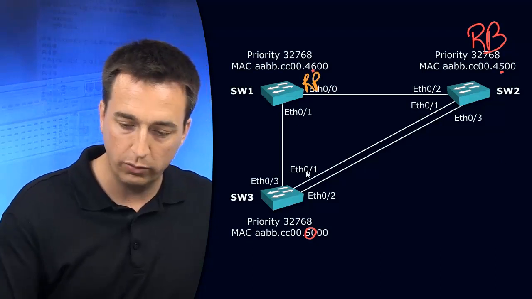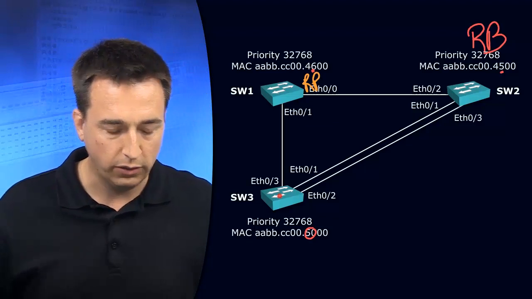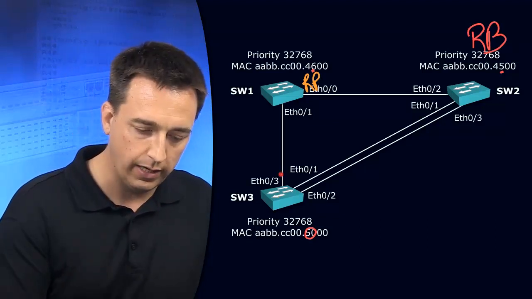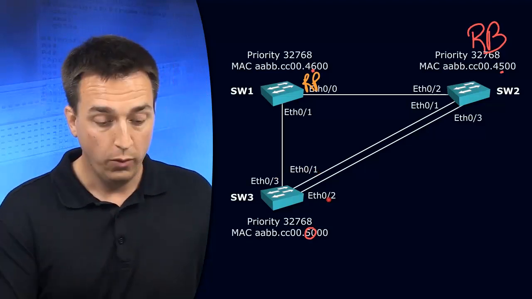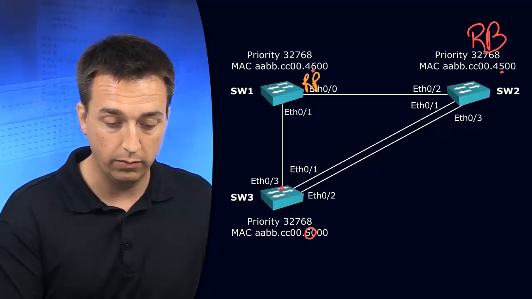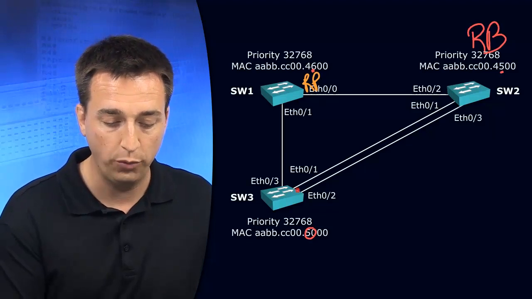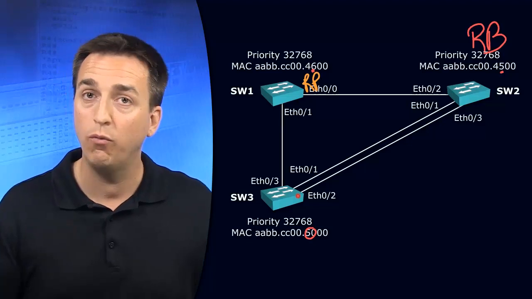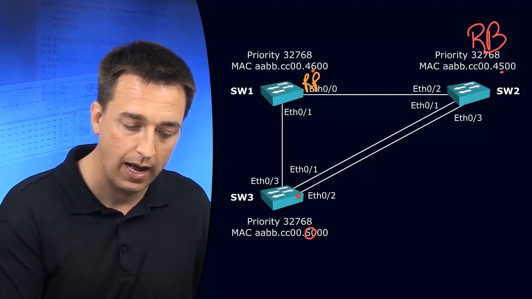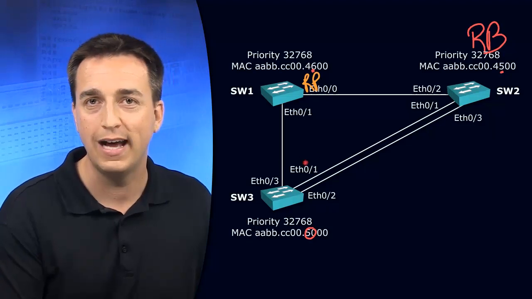And if we go down here to switch number 3, we now have to figure out, is the root port going to be Ethernet 0/3, Ethernet 0/1, or Ethernet 0/2? Well, if we go Ethernet 0/3, it's 100 plus 100, so 200. If you go this way, it's 100 on both of them. However, I can only have one root port, so now we have to break the tie between Ethernet 0/1 and Ethernet 0/2.